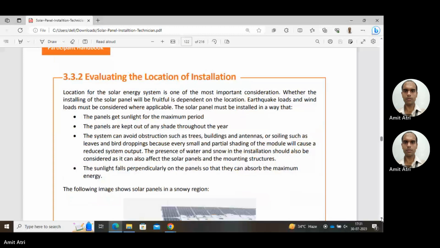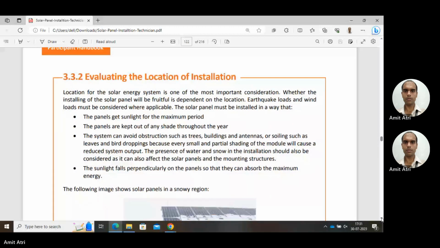Other obstructions like trees, buildings, antennas, and other factors like dust and bird droppings on the surface of our solar panel are also undesirable, so we have to clean it regularly.